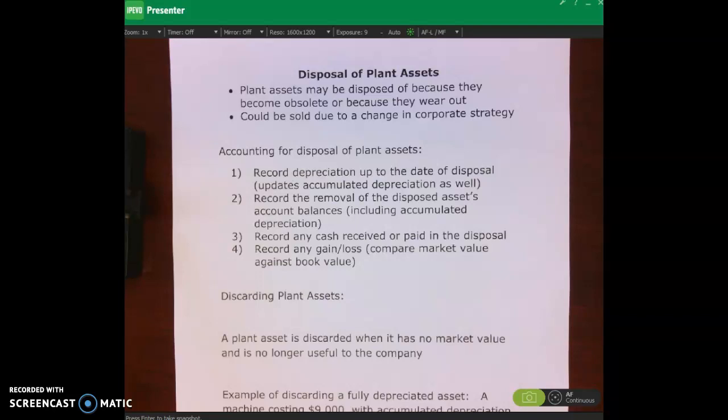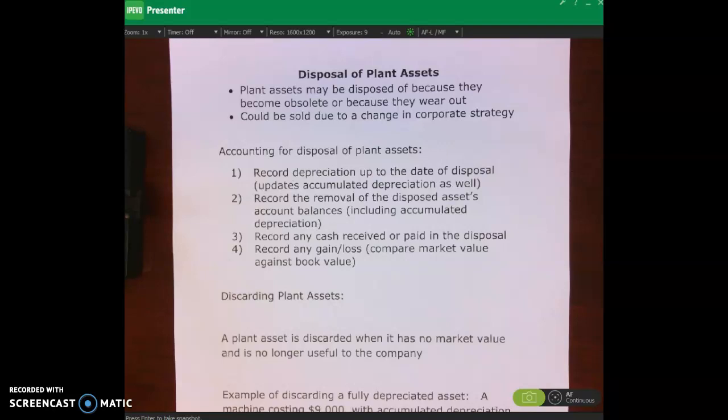So there's various reasons why companies need to get rid of plant assets. They've changed their strategy. The assets no longer are able to do what they were intended to do. They're obsolete. So all those different reasons why a company may want to discard plant assets, okay?